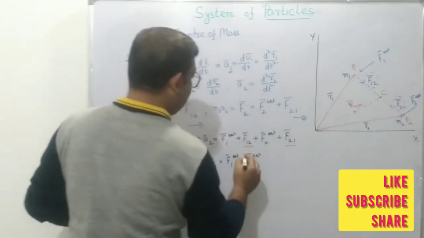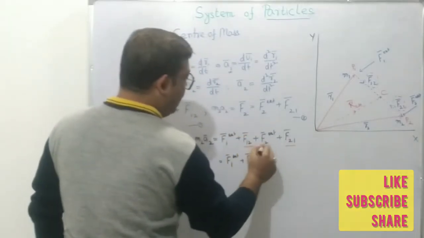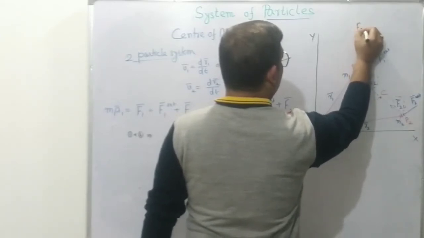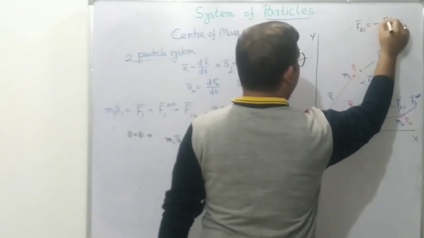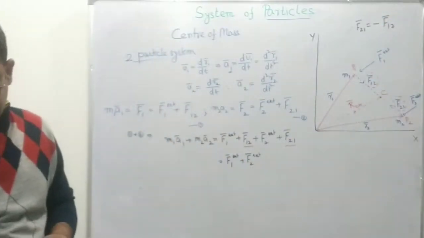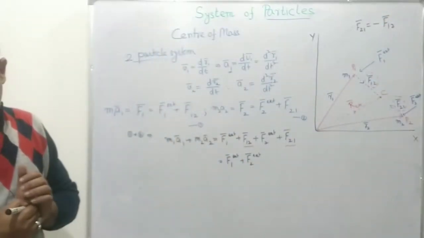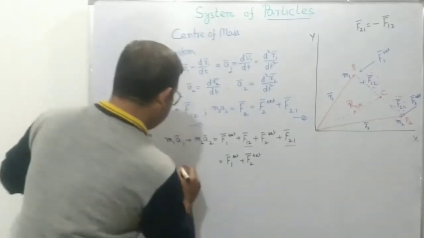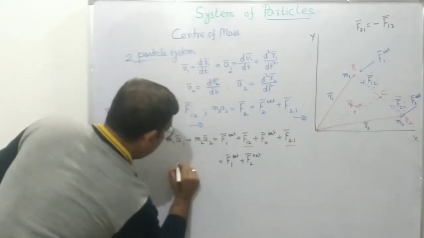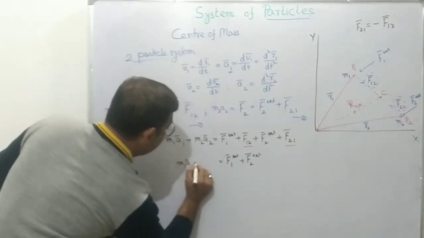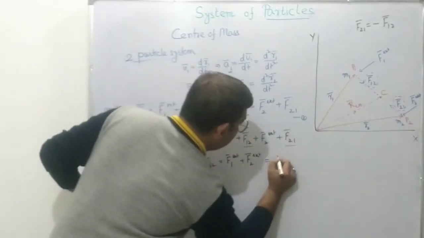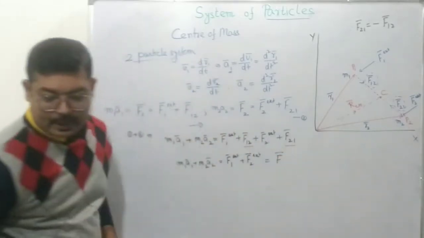Why? Since F21 equals negative of F12, they are action and reaction pair, the internal forces. So what will be left is m1a1 plus m2a2 equal to this, let's call this F, the net external force.